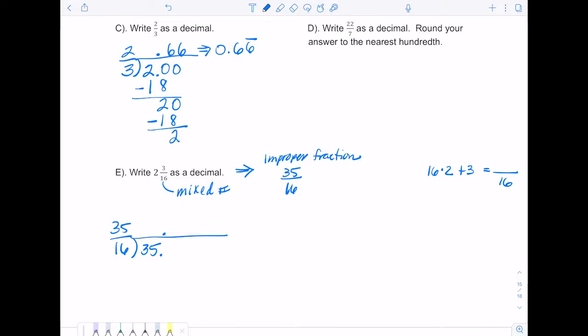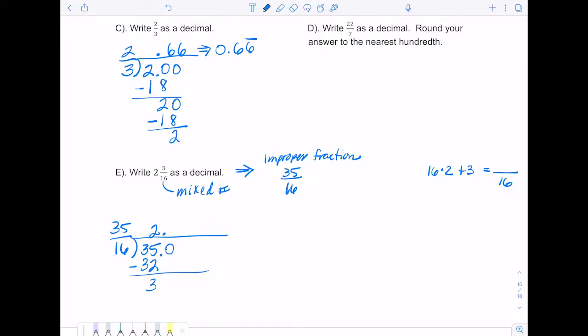Well, I know 16 times 1 is 16. 16 times 2 gives me 32. If I go 16 times 3, I'm going to be too high. So I'm going to put the 2 there. 2 times 16 is 32. I multiplied, so my next step is subtract. 35 minus 32 is 3.